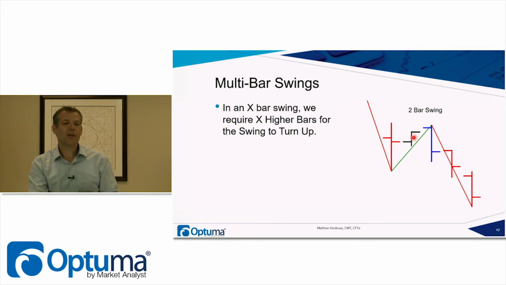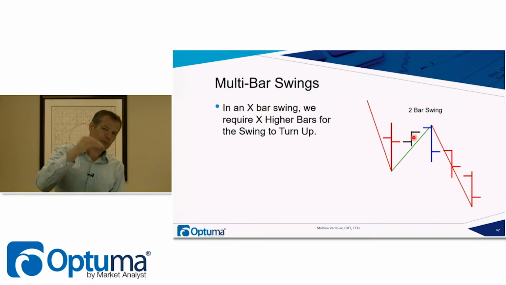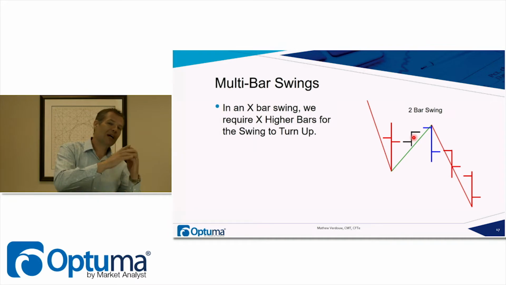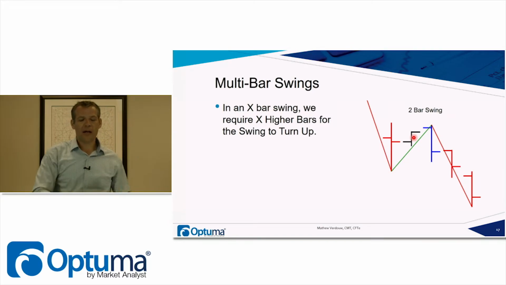If the trend's been going down and we've had lower bottom, lower bottom, lower bottom, and suddenly we get a higher bottom, well, we may not have had the higher top, but it really is quite possibly the start of a change of trend. And so then we wait, and in this case we've got an outside bar, so the swing would go up. We've had a 2-bar count, and then obviously it went down.